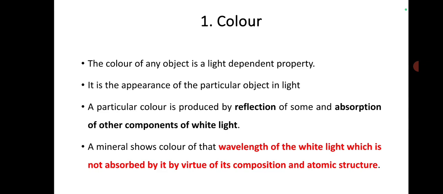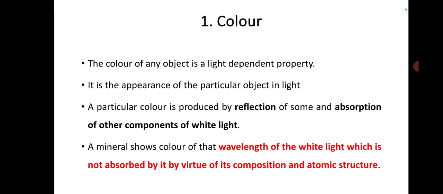When white light falls on a mineral, some components will be reflected. So a mineral shows the color of that wavelength of white light which is not absorbed by it, by virtue of its composition and atomic structure. We have already discussed that a particular mineral has a definite atomic structure and a definite chemical composition.